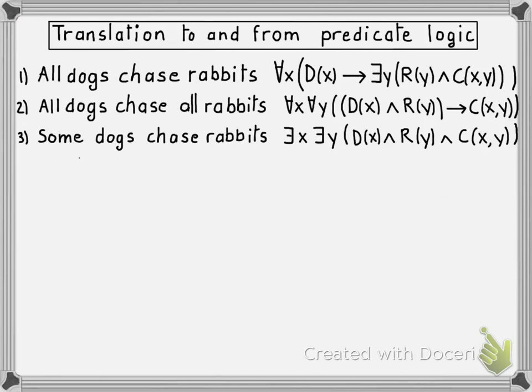So this translation says there's at least one x and one y such that x is a dog and y is a rabbit, and the dog chases the rabbit. In other words, some dogs chase some rabbits.